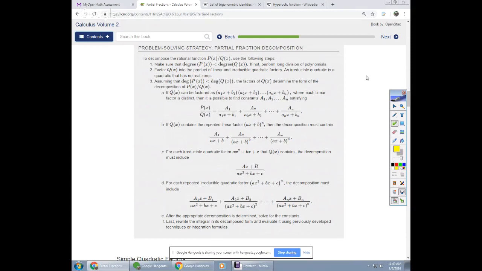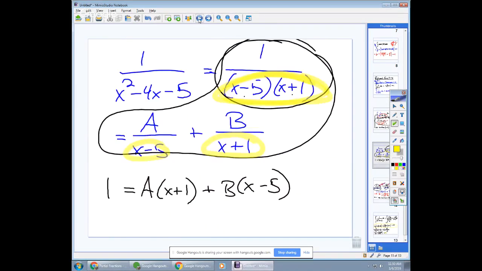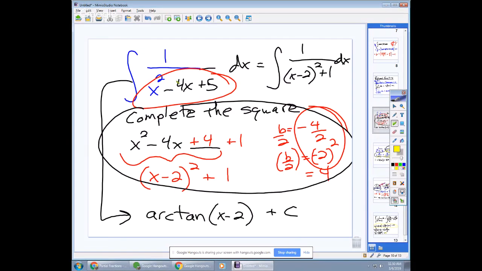Other thing to consider is sometimes quadratic functions factor, sometimes they don't. True? What if it doesn't factor? If it doesn't factor, you have an irreducible quadratic. And if it's irreducible, that means i is probably involved if you were to apply the quadratic equation to it. So for example, I had one like that earlier. This one right here.